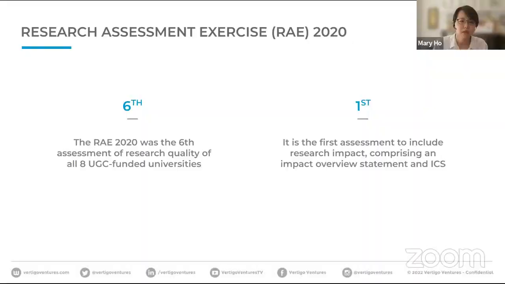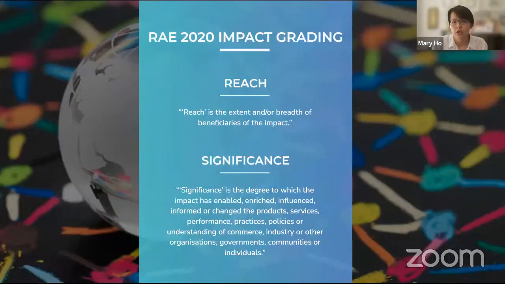Research impact was mainly assessed in terms of its reach and significance. The UGC had defined reach and significance as shown on the slides, extracted from the UGC RAE 2020 guidelines.